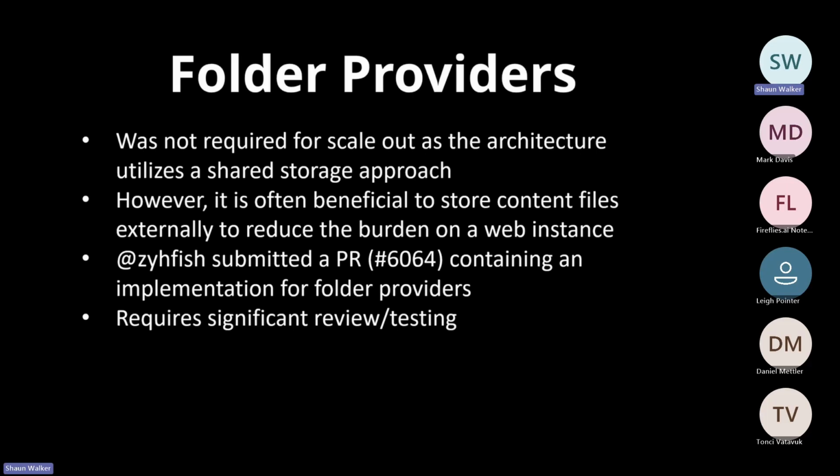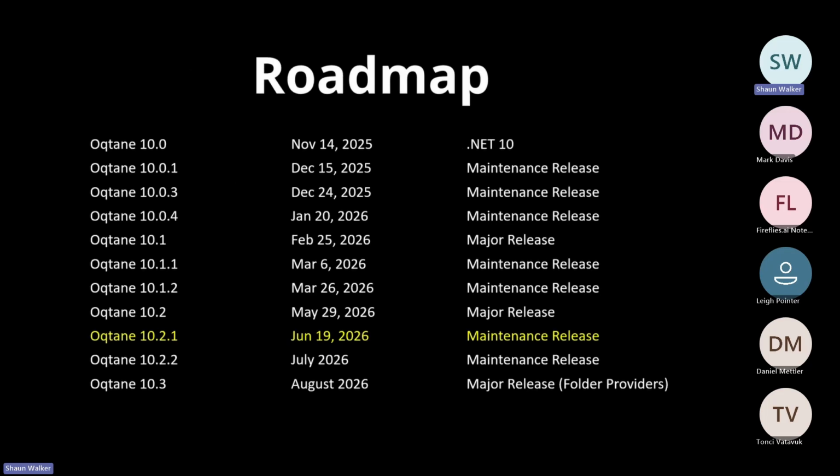So Ben Zhang did submit a pull request a couple of months ago that contains an implementation for this. It's quite a large pull request. It's going to need some review and testing, but I do believe that it is a very valuable feature that needs to be included in the core framework. And so I do plan on including it.